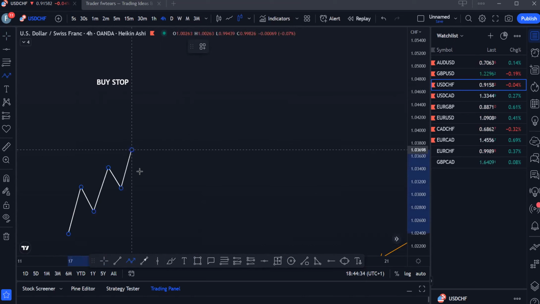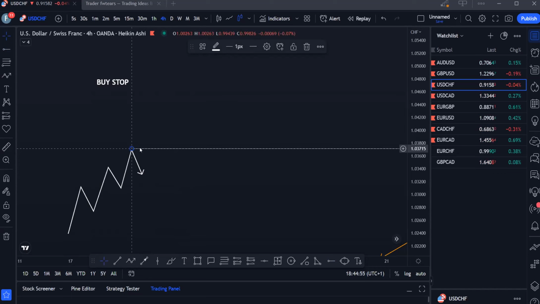Based on your analysis, you've been given the possibility of price continuing in this bullish environment. But based on your strategy, possibly you believe that price needs to break a particular point before you see an incentive for a continuation of the bullish trend. So you can place a buy stop here.